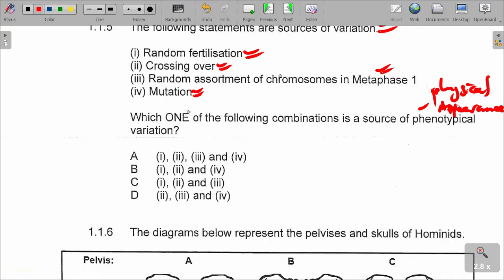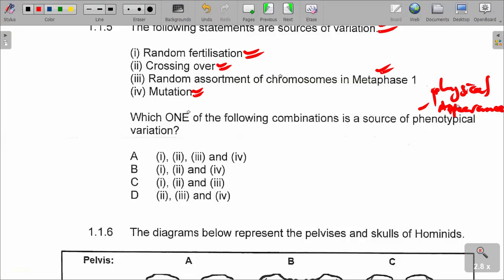the correct answer must have combinations that express it. Meiosis itself is just an arranging process, so that actually changes how the organism looks.